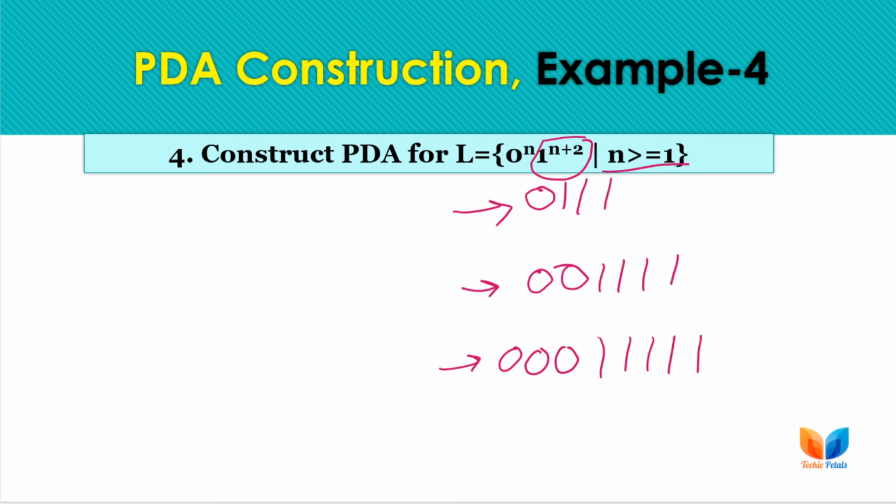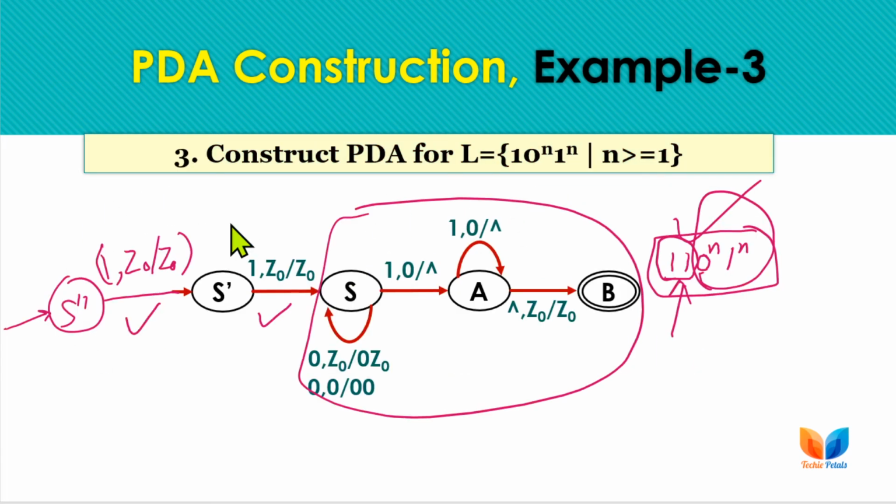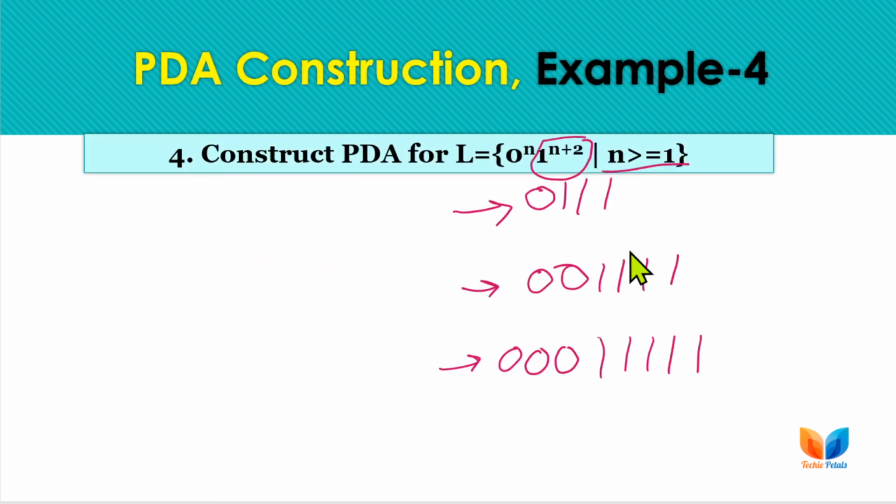Okay, so you can pause the video and think by yourself how we can solve this question. This is very similar, we just need 2 extra ones here. All other options are the same, we just need to keep track of 2 extra ones. Like in the previous question we had 2 ones at the start of the string, here we have 2 ones at the center or at the end of the string.